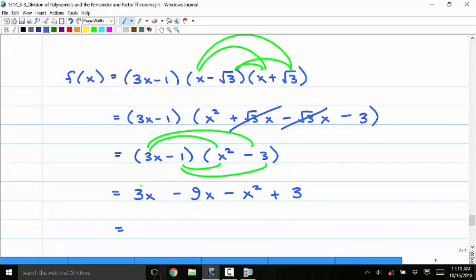So I get 3x cubed minus x squared minus 9x plus 3. That is a degree 3 polynomial that has x equals 1/3, x equals √3, and x equals -√3 as zeros.